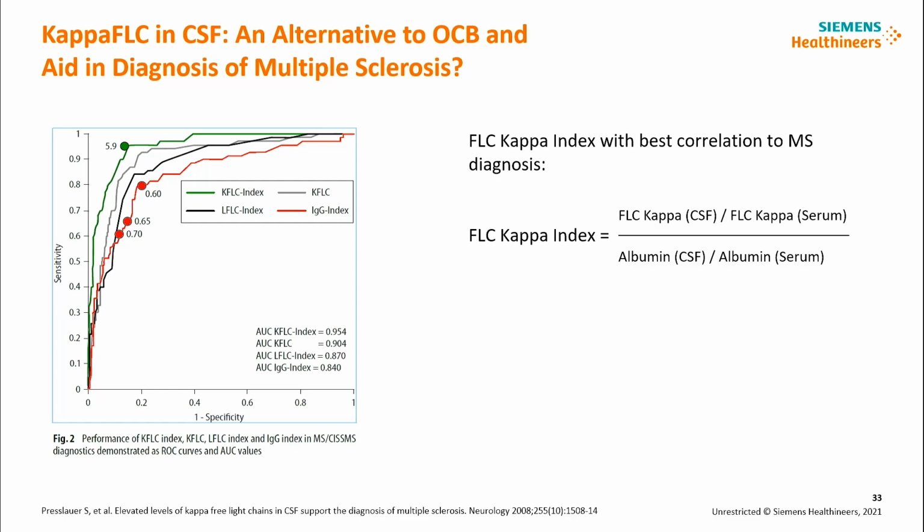So for MS, we have seen a lot of interest in many countries, and the guidelines in each country are different. Most countries rely on the oligoclonal band, which is a very subjective evaluation. It depends on the person looking at the results, and in some cases it is misdiagnosed. So recently, we have introduced the free light chain kappa index, using free light chain kappa in the CSF and also serum, and albumin in CSF and serum, to assess whether there is multiple sclerosis or not.